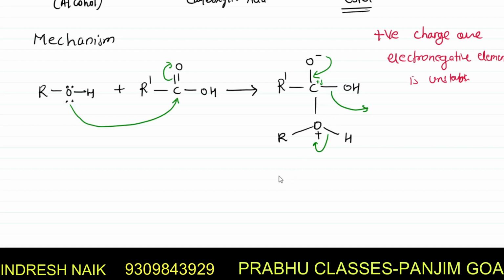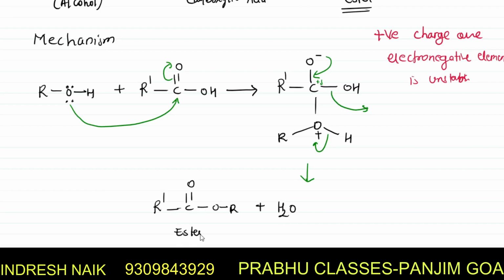So finally, what remains in the reaction is R dash C double bond O, OR, plus this OH minus and this H plus forms water. So this is the ester.